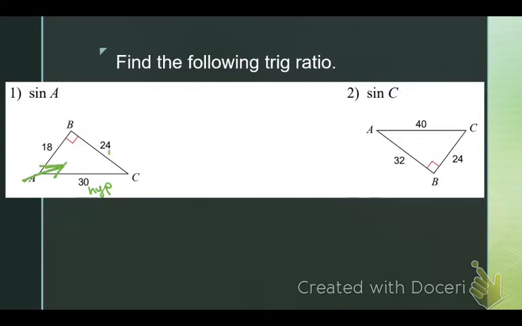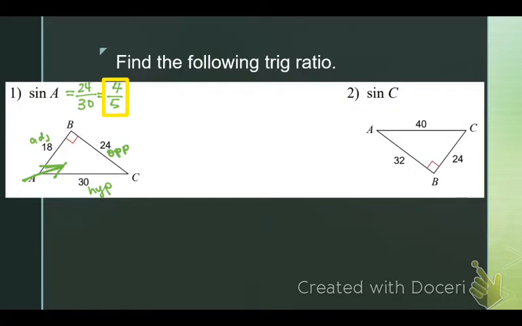Opposite, not adjacent. And then that means the adjacent is 18. Good. So sine is opposite over hypotenuse. So that would be 24 over 30. What is this reduced to? They're both divisible by 6. 4 over 5. So that's all you're doing, just the sine from angle A.